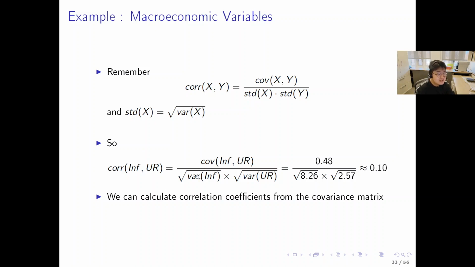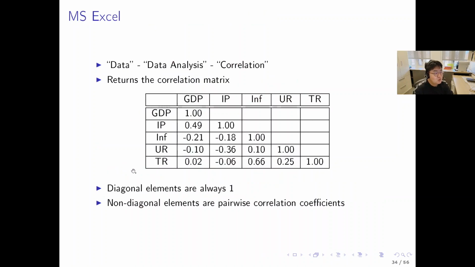You have the covariance and the variances from the matrix. So actually you can calculate correlation coefficients directly from the matrix, but we already did it in Excel, right? So we get this new matrix which contains the correlation coefficients.